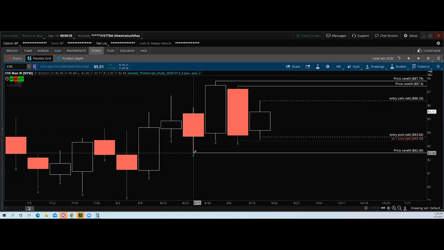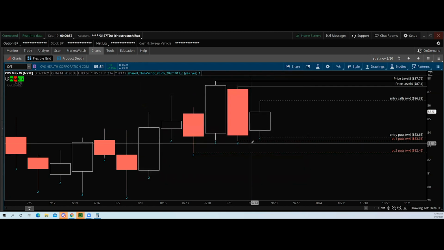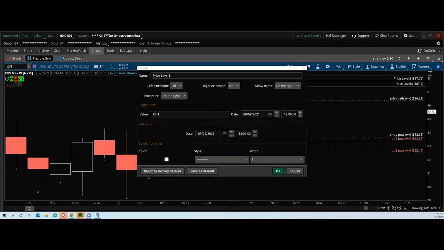We'll see how these next couple of weeks play out. Since the monthly contracts didn't expire, I'm curious to see how the market plays out. Will we get some volume back or will it just be kind of like meh? All right. PT2 puts week. We'll adjust and see how the market goes. All right. And then you got your PT1 for calls on the week, PT1 calls.